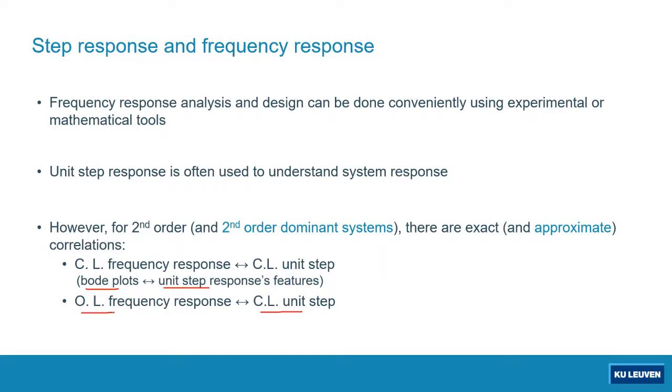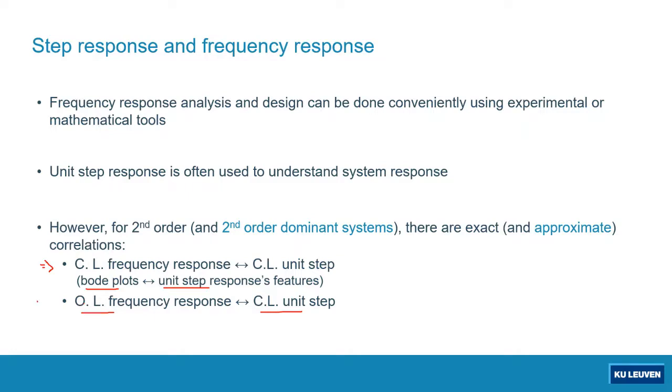In the first place, we will only look at how a unit step response looks in relationship to its Bode plot. You can consider this as a closed loop system: how the unit step response of a closed loop system is related to the Bode plot or the frequency response function of the closed loop system itself. So both are the same system.